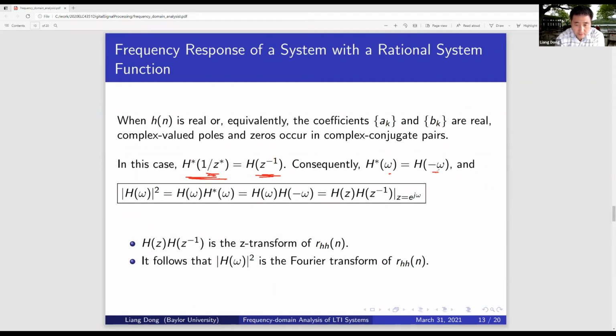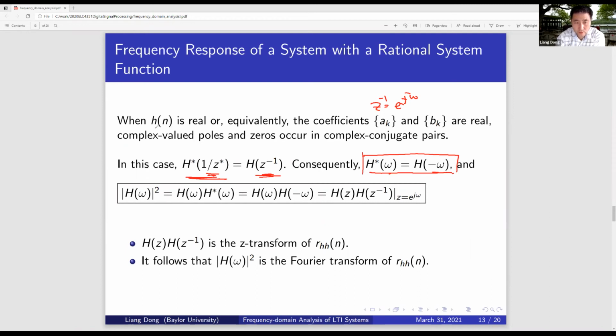And here, z to the power negative 1 is negative omega, because z is equal to e to the power j omega, so for z negative 1, I'm putting negative here, as if I'm using negative omega. So I will have that, which is what we discussed before.